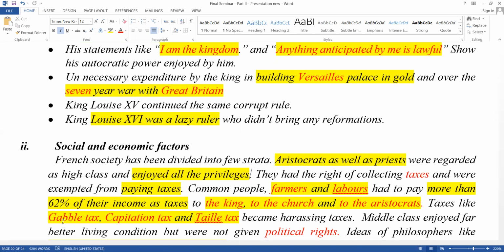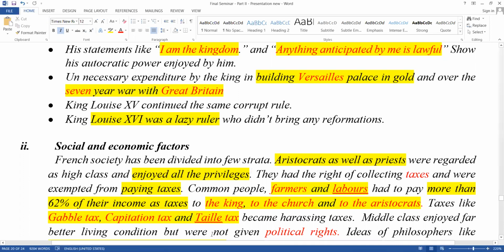So what is the use of that much salt? Salt is produced freely for the government, and by selling salt, they earn a lot of money. Capitation tax is a body tax. Anyone having a body had to pay. Taille tax was a land tax. So these three taxes were implemented by the government, harassing the people.